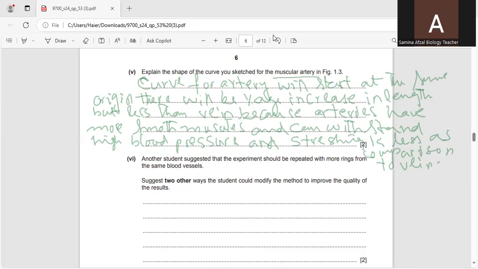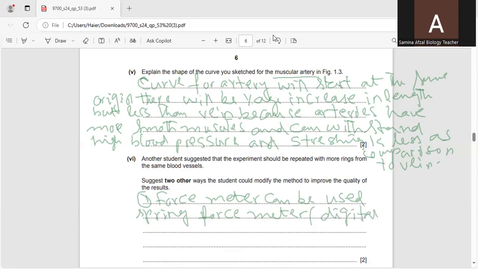So in this investigation, the force meter can be used. First, the spring force meter or digital force meter, which will give accurate measurements.